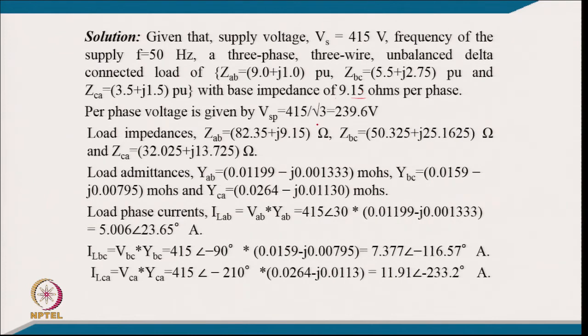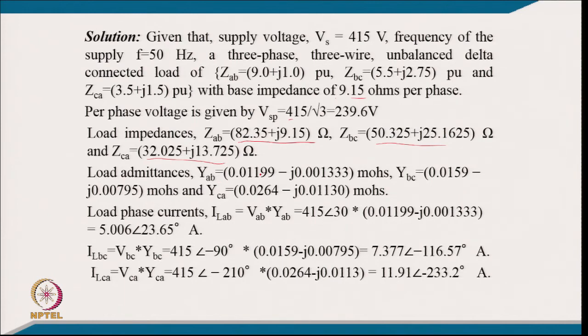So, we can find out per phase voltage 415 by root 3, which is 239.6, and we can find out the actual impedance by multiplying the base impedance with the per unit impedance. So, for AB it comes 82.39 plus J9.15, and for BC it comes like 50.325 plus J25.125 ohm, and ZCA it comes 32.025 plus J13.725 ohm.